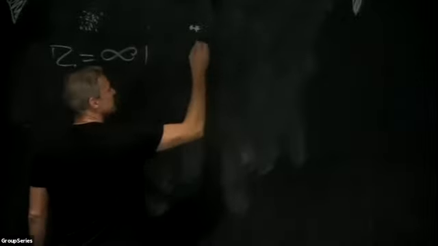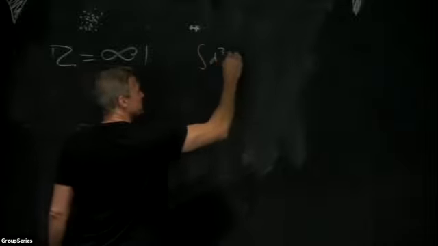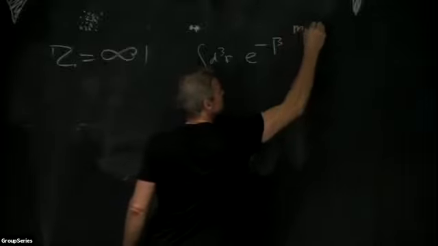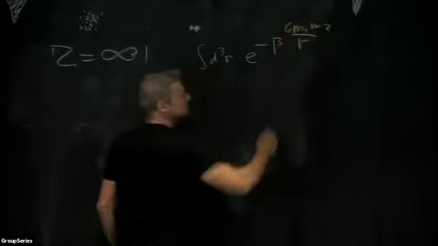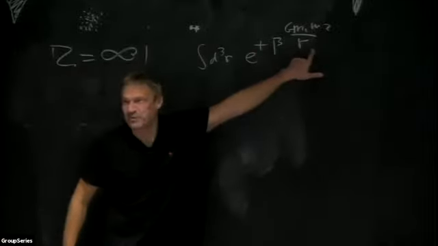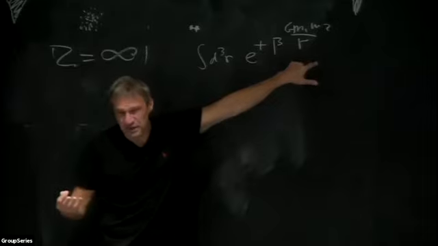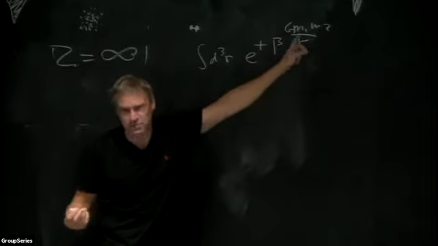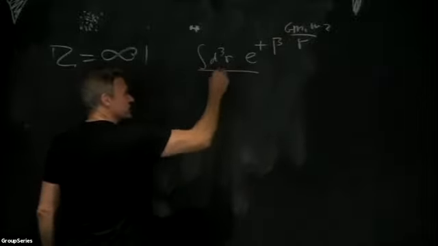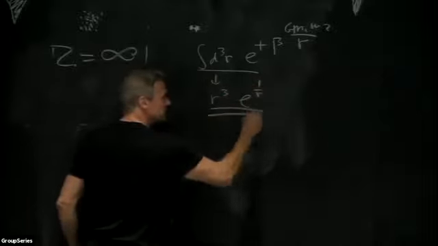Then my statistical sum will be the integral d^3r, because of kinetic energy, because gravitational potential energy is negative, so e to the minus beta E is this. Now look at this. At small radii, this factor is r cubed, and this one is 1 over r.